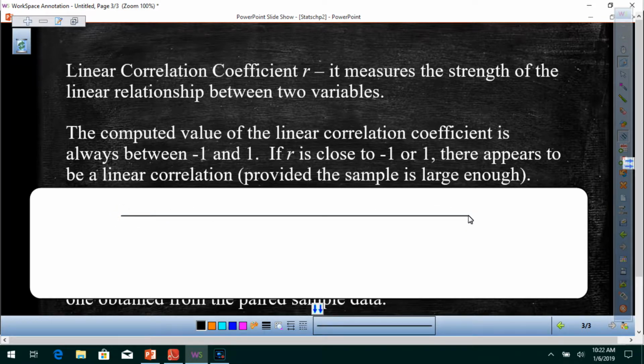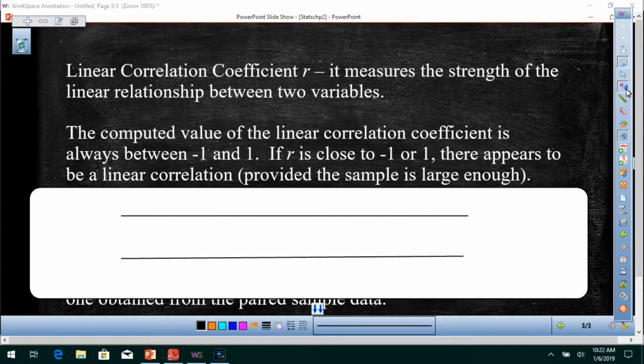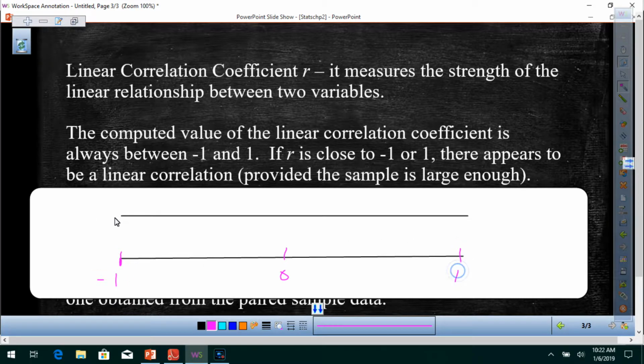See if I can get that fairly straight. That looks fairly straight to me. Now here in the center is 0, and over here is -1, and over here is 1.